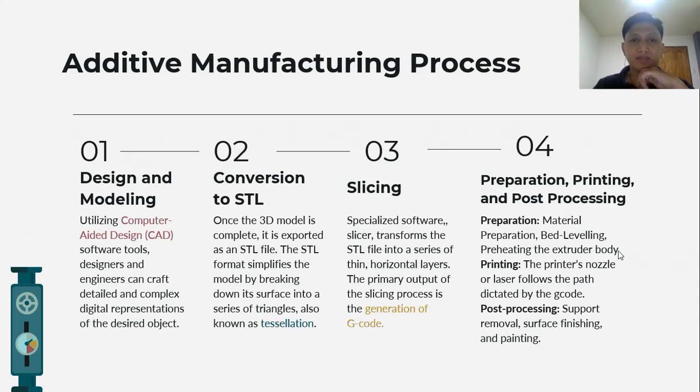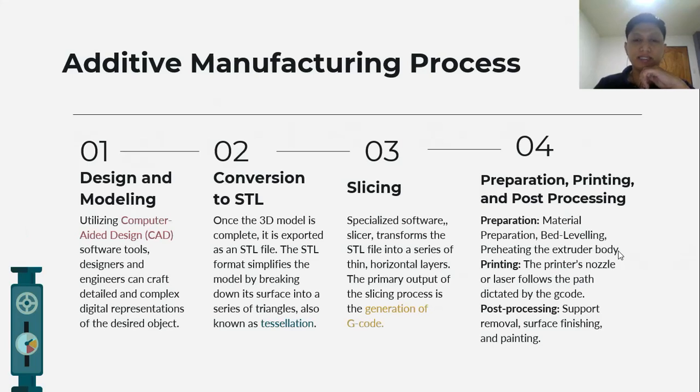The third step is slicing, done in specialized software, commonly slicing software, for example PrusaSlicer, which the Prusa 3D printer uses, or Ultimaker Cura, which Ultimaker 3D printers use.